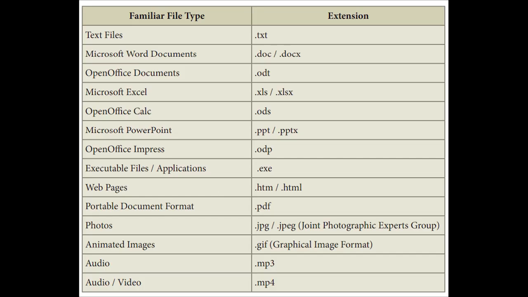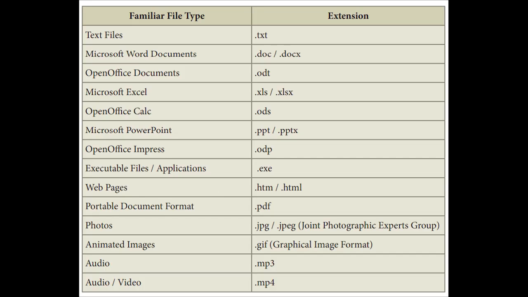Okay, if it is Impress, that is Microsoft PowerPoint, it is .ppt or .pptx, right? So here in OpenOffice you will be learning OpenOffice Impress, that is .odp. Like that, for each one you will have its own extension. Okay, if you are typing some web pages, it will be .htm or .html. If it is an application file, or an executable file, it will be .exe.